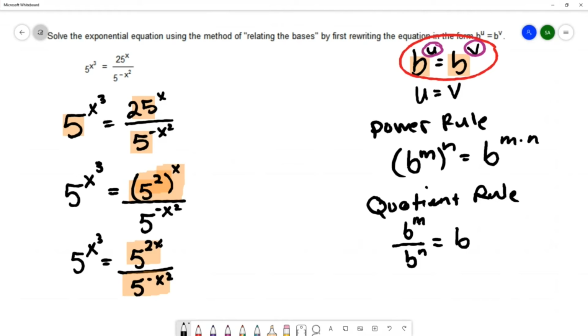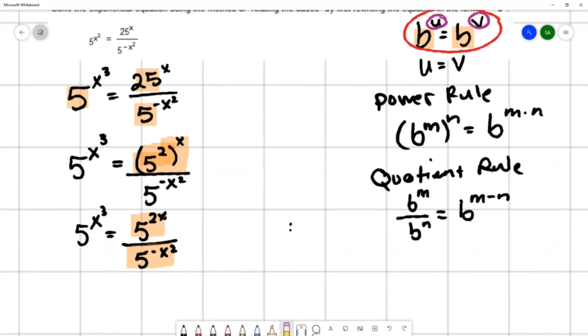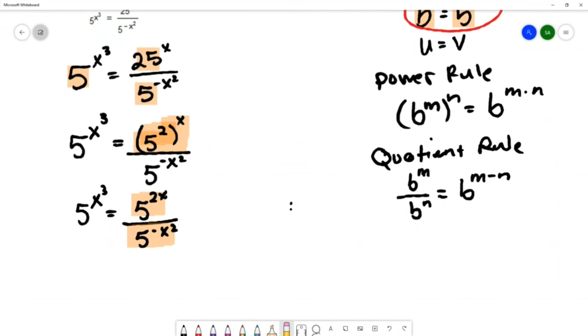So that's going to give b to the m minus n. Sorry about that, my whiteboard's acting a little funky.